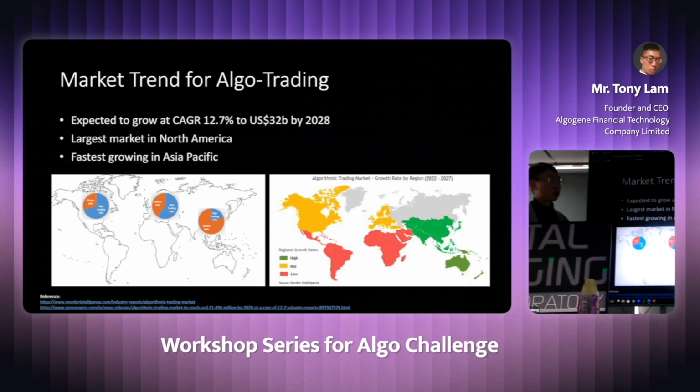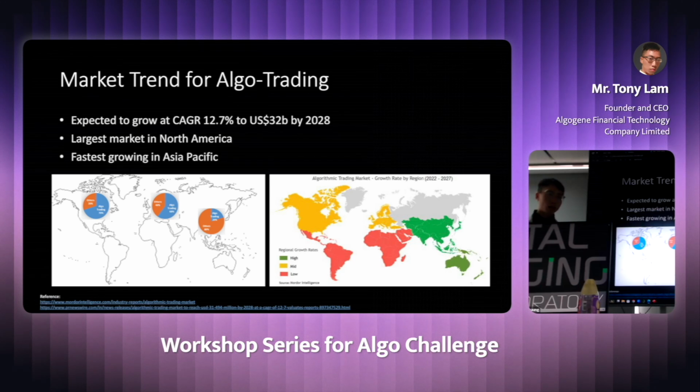So actually, what we believe is that algo trading is the future of the wealth management industry. Nowadays, there are many different kinds of data available in the market, not only market data, but also news data, weather, social media, etc. So we can explore different kinds of trading strategy.